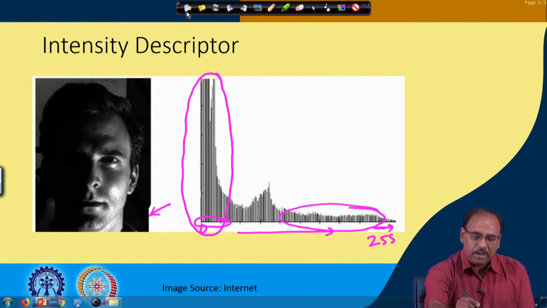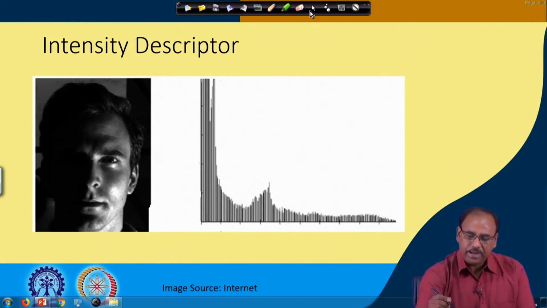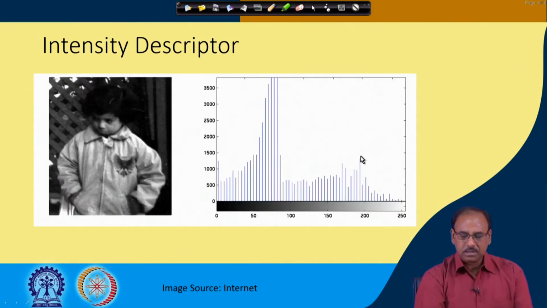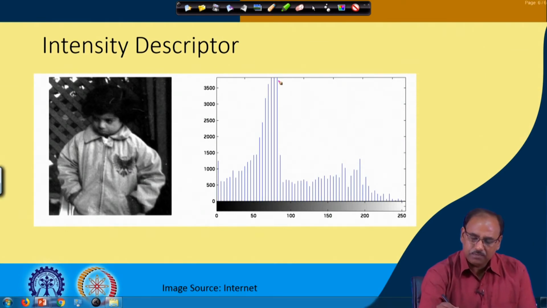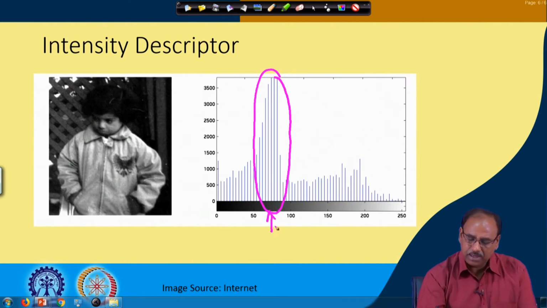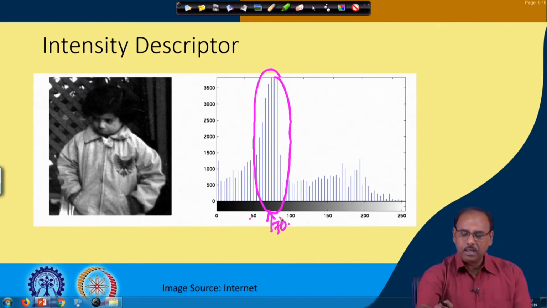Now, as against this, if I take the next image here, you find that in the histogram the intensity values may be something around 70 or so, between 50 and 100.